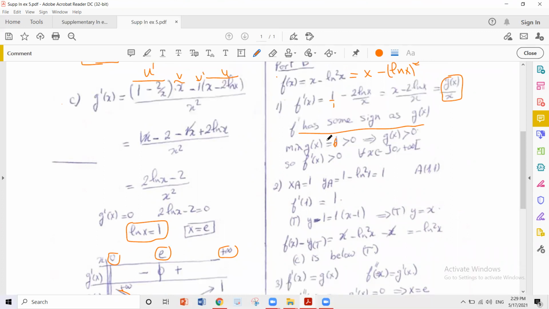So gx is positive, so f prime x is greater than 0 for every x belonging to 0 plus infinity. F prime depends on the sign of g.